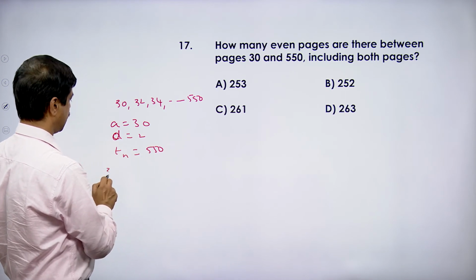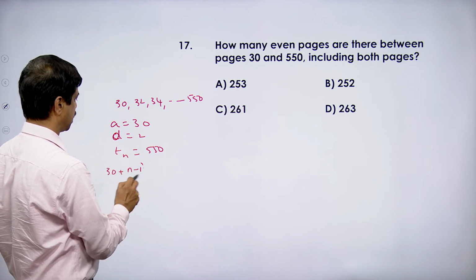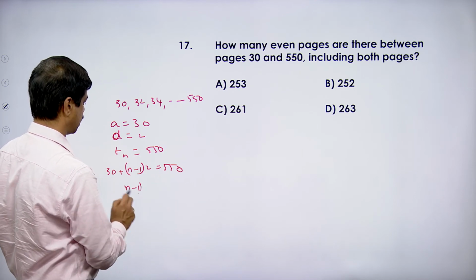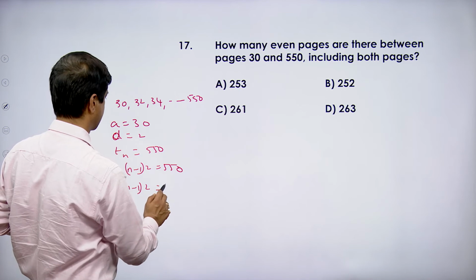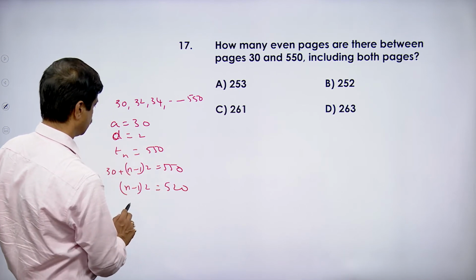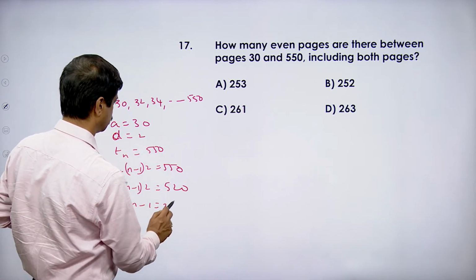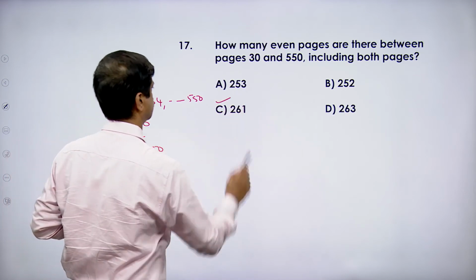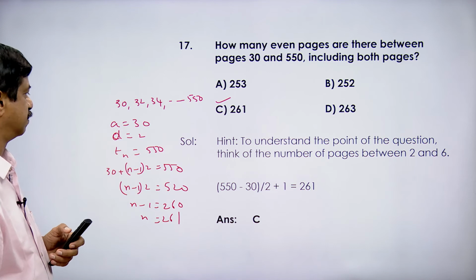So Tn is a plus (n minus 1) into common difference, equal to 550. So (n minus 1) into 2 equals 550 minus 30, which is 520. So n minus 1 is 260, n equals 261. So C, take it fast, quick.